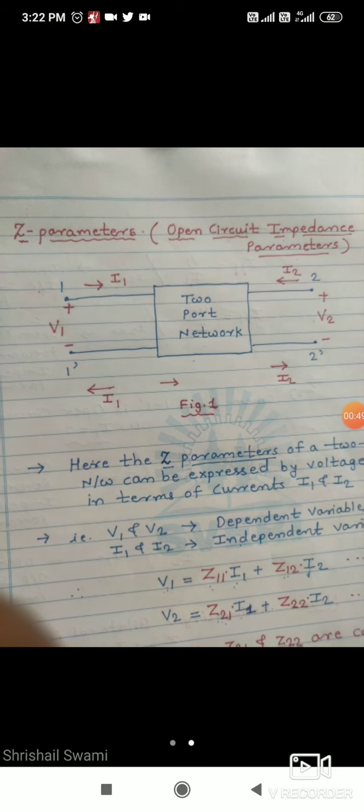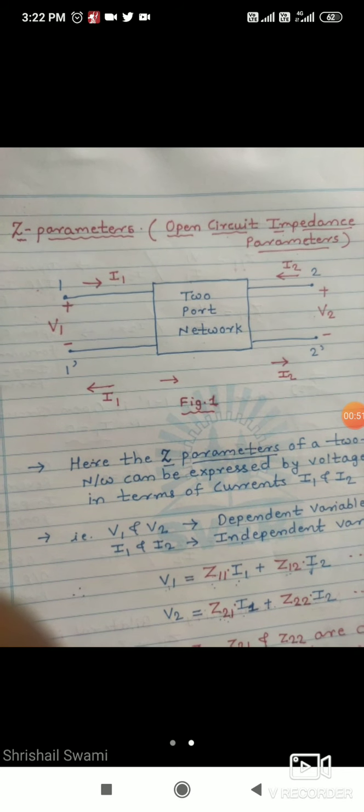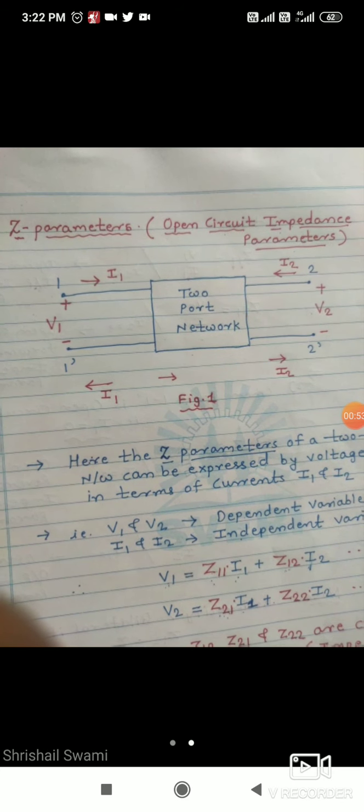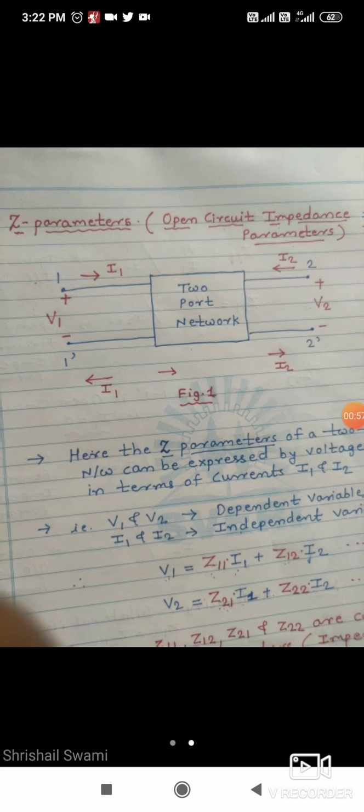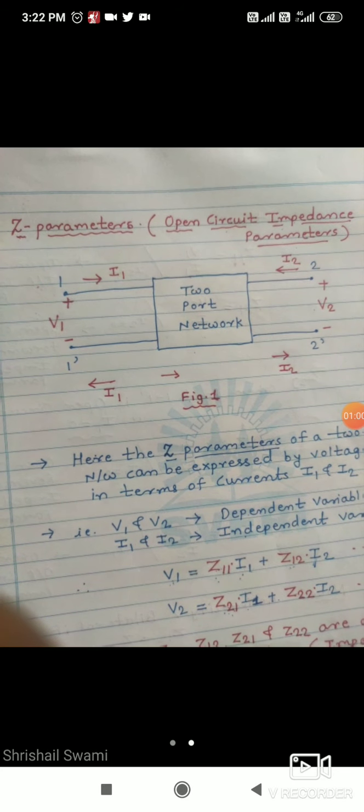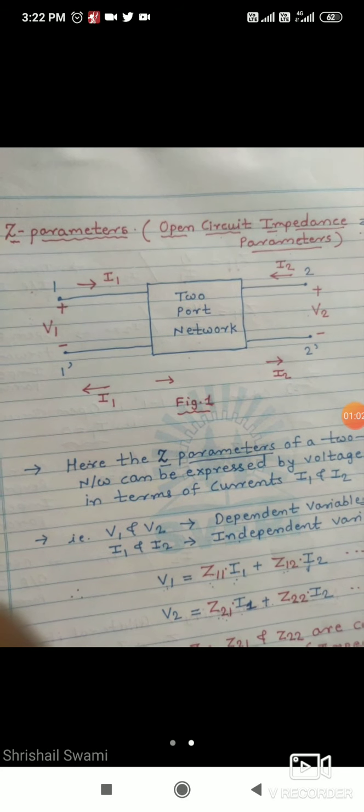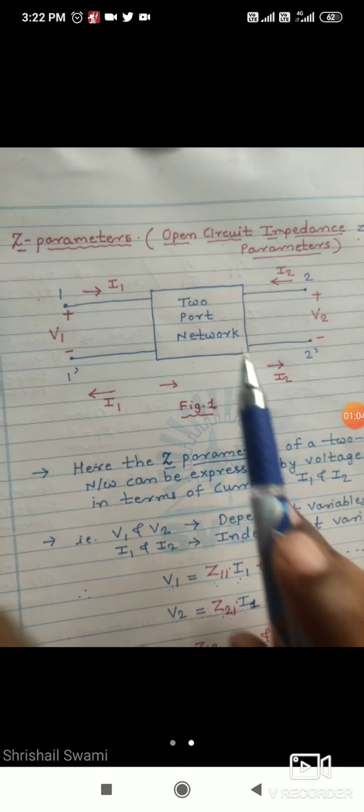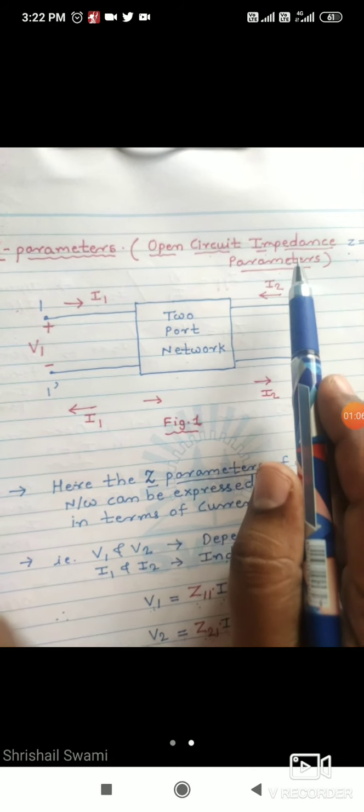As per the syllabus, we will start with the introduction of two-port networks. That part we also covered in the last lecture. So today we will start the first parameter, that is the Z parameter, or the open circuit impedance parameter.